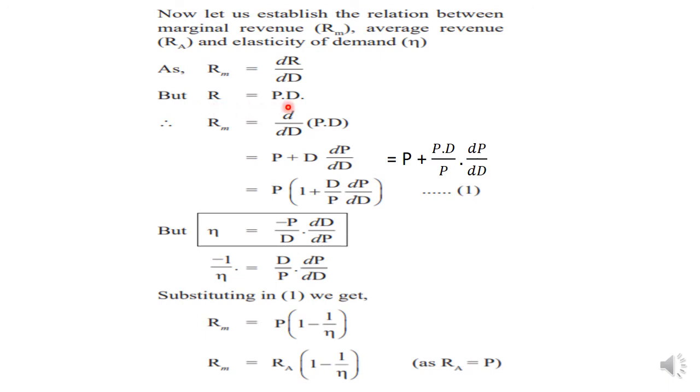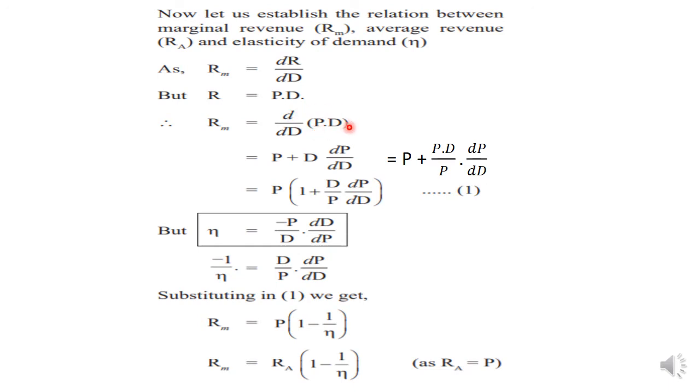However, we also know the formula R is equal to P into D. R is nothing but the total selling price, I told you last time. So it is the price of a commodity into demand. So RM is equal to the derivative with respect to demand of P into D.